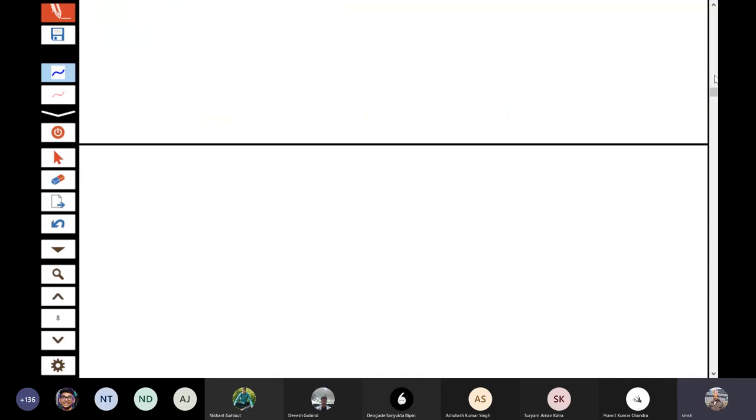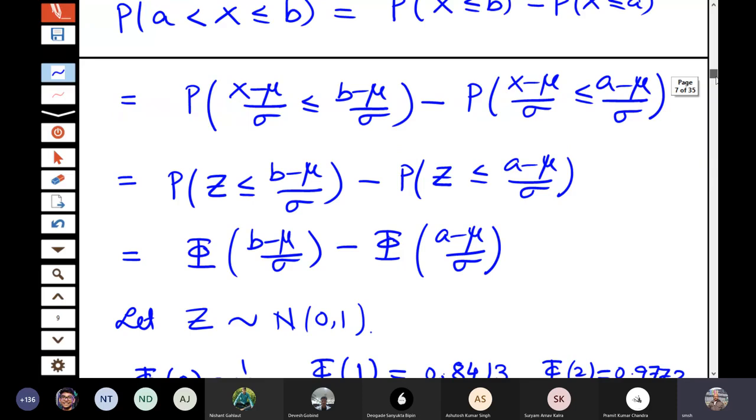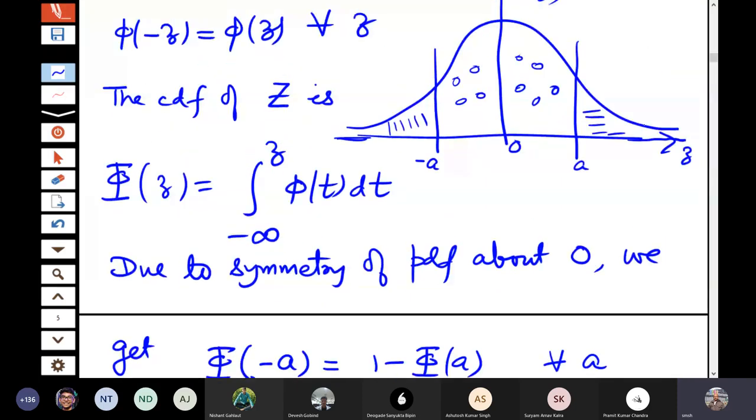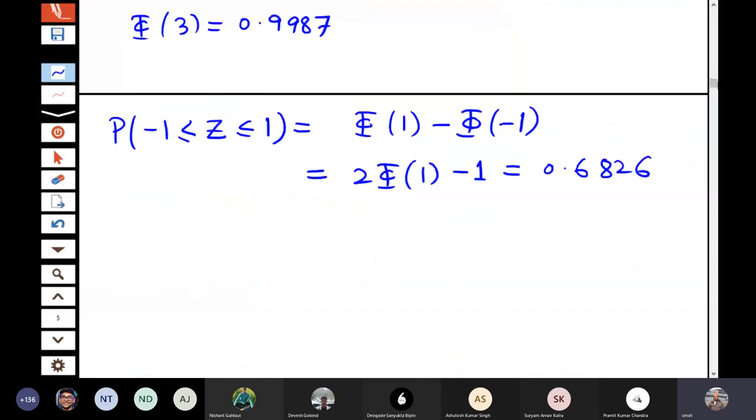I am saying the range of the distribution is -infinity to infinity, but because the tails approach 0 very rapidly, there is a lot of concentration in the center part. So -1 to 1 itself contains 2/3 of the probability.